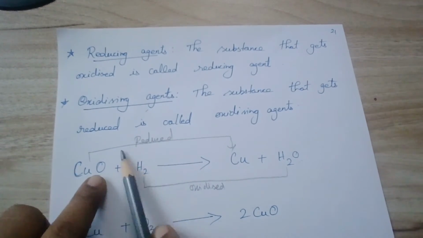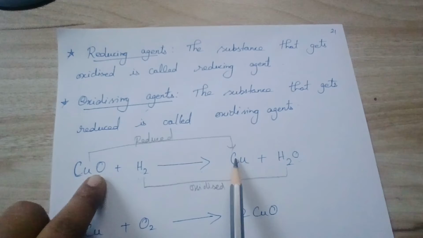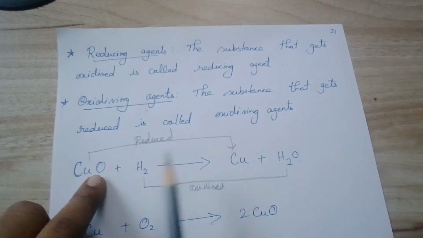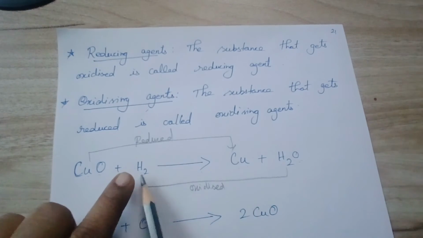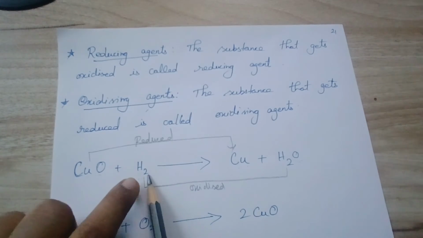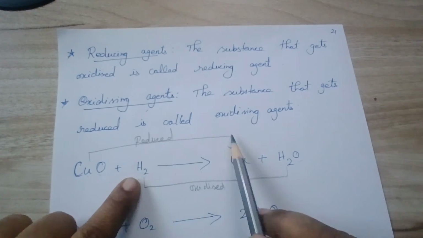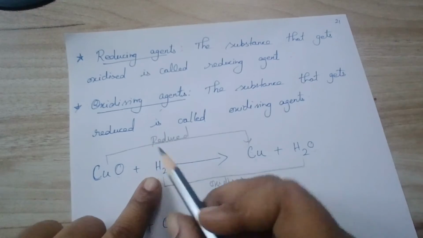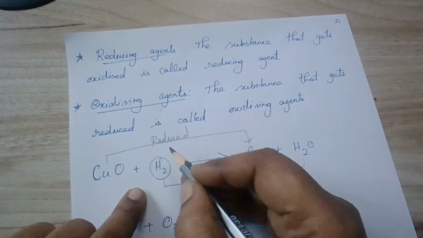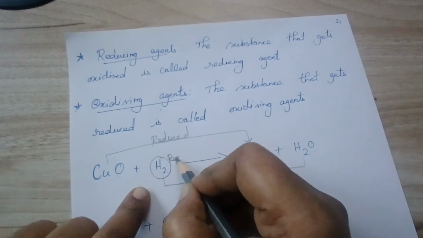This copper oxide is reduced to copper. Which one helps the copper oxide to reduce? This hydrogen helps in reducing the copper oxide to copper, so hydrogen acts as a reducing agent.